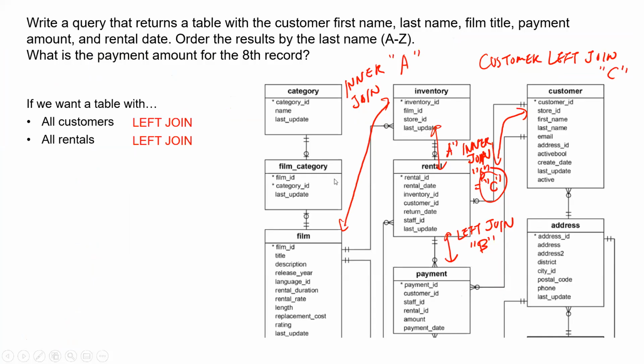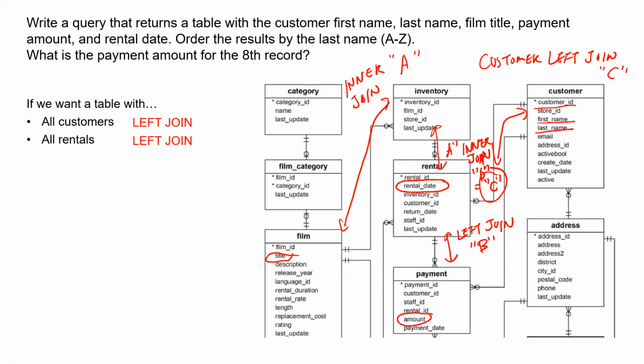Let me check these off again. I have customer ID, first name, and last name all in the customer table, and the film title is all the way out here in the film table. And then the payment amount is down here, and the rental date is over here.